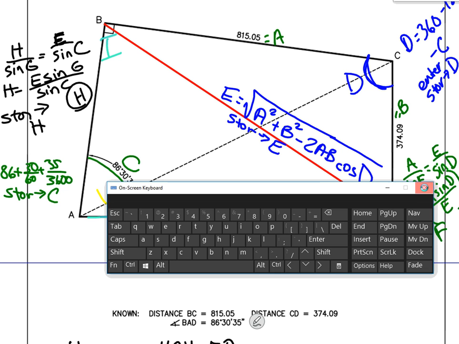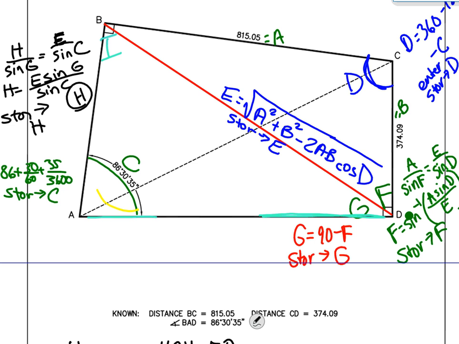And I got that angle by taking 180 minus G and minus C. And then I stored that as I. And that's going to help me get my next answer. Then once I have that, I'm going to get this other angle here.